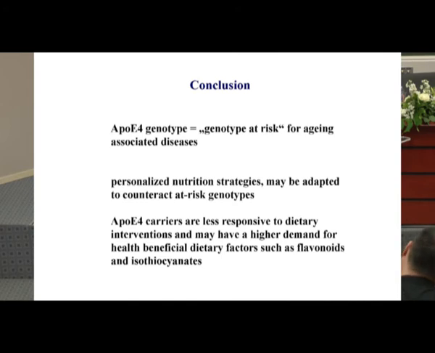ApoE4 carriers, and that's the problem, the genotype at risk, are less responsive to dietary interventions, and ApoE4 allele carriers may have a higher demand of health beneficial dietary factors, including flavonoids and ITCs.